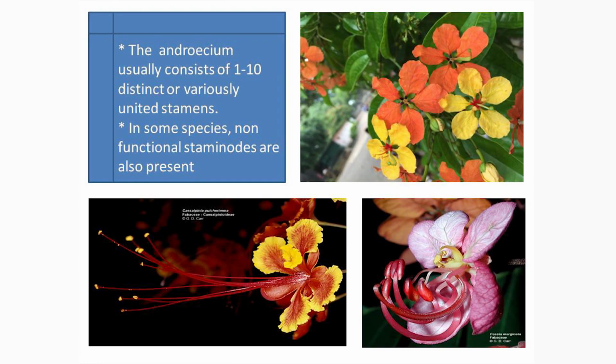With respect to the androecium, stamens are 10 in number, and usually these stamens are found in 2 circles and they are found either alternate or opposite to the petals. Gynoecium is very typical. It is monocarpellary, unilocular, superior ovary having numerous ovules on marginal placentation, and we can see a much elongated gynoecium structure in the subfamily Caesalpinoideae.